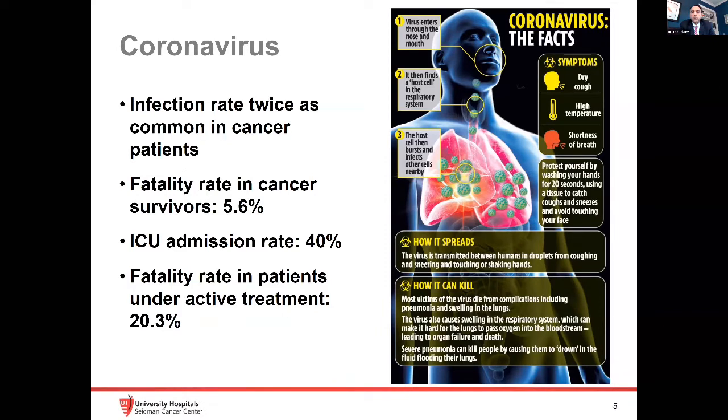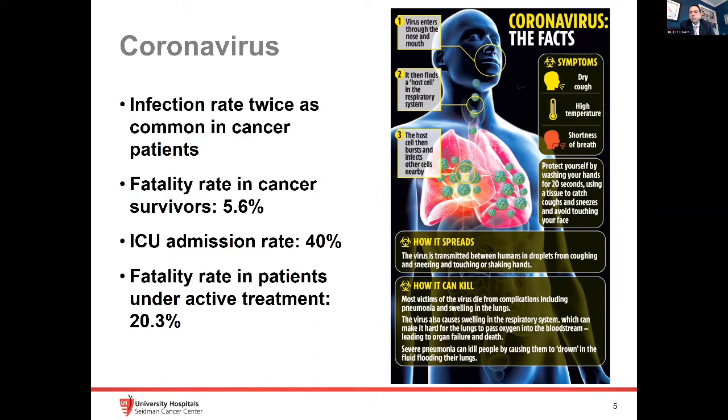The other bit of news, which is troubling for our cancer survivors, is that with infection, the rate of death in cancer survivors is about 5.6%, which is twice the average of what it is for patients who have not experienced and survived cancer.